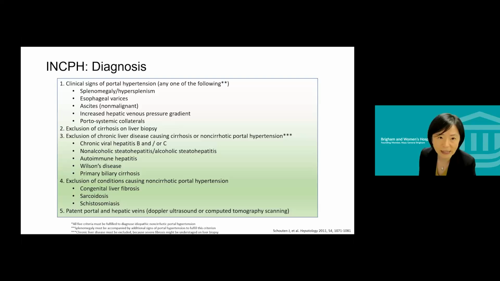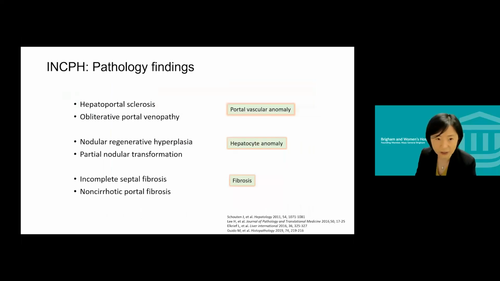But what do you see on liver pathology, on histology? A variety of changes have been observed in these patients, and a variety of terms have been used. You probably have heard all of them: hepatoportal sclerosis, obliterative portal venopathy, nodular regenerative hyperplasia, partial nodular transformation, incomplete septal fibrosis, non-cirrhotic portal fibrosis.